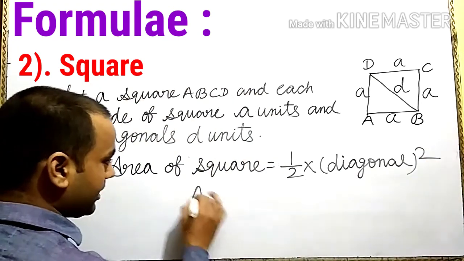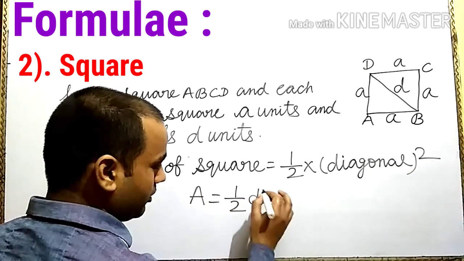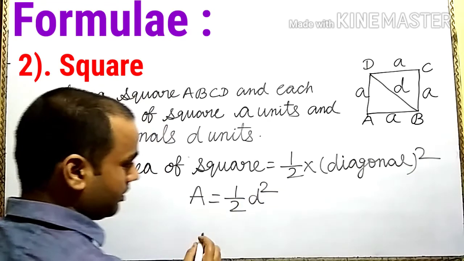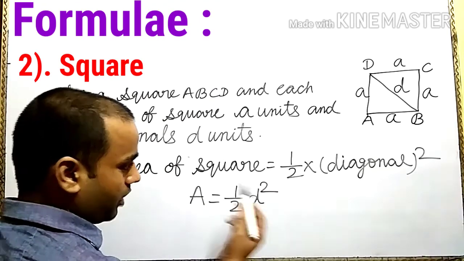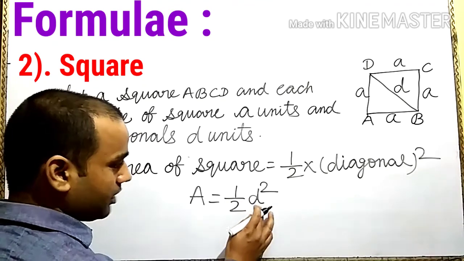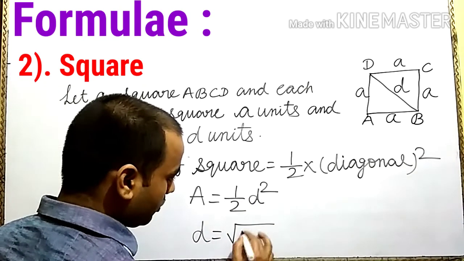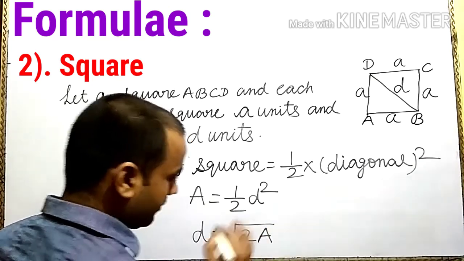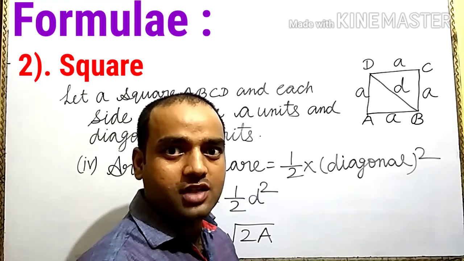In short form, A is equal to half into diagonal d squared. So with conversion, we write d is equal to square root of 2 into area. Is it clear? Now let us discuss the formula of the next figure.